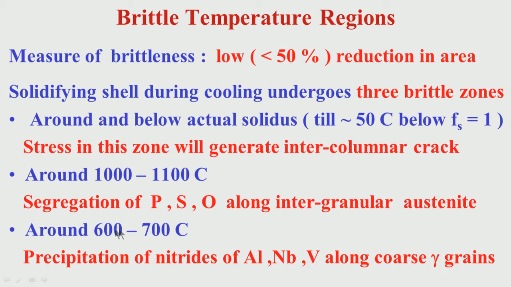That means, if we cool the continuous cast product in this temperature region relatively faster, what is going to happen? These nitrides do not get adequate time to form at the coarse austenite grain boundaries. So, we have to cool them relatively faster. We do not give sufficient time for the formation of the nitrides of aluminum, niobium or vanadium.